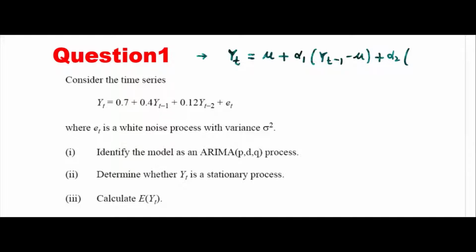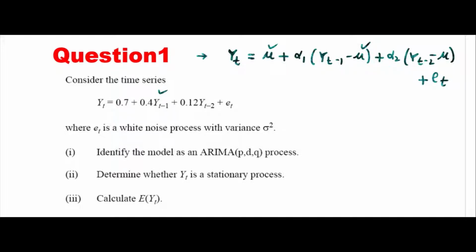If you write it this way, make sure these terms are the same. If you have Yt minus 1 minus 0, then that 0 is not equal to 0.7. So mu is not 0.7 from this process. And I already explained in one problem how to find mu.